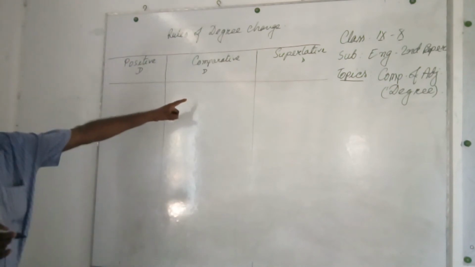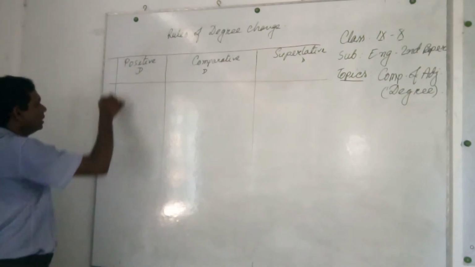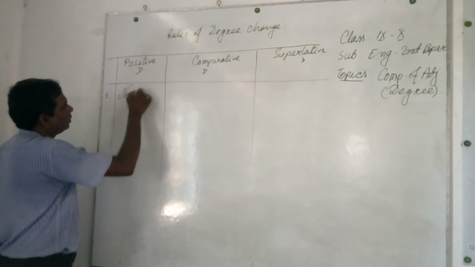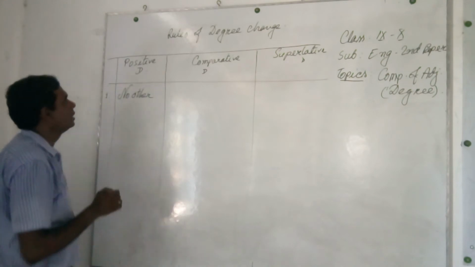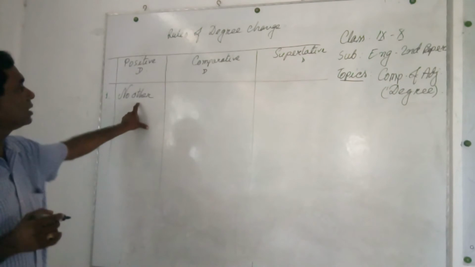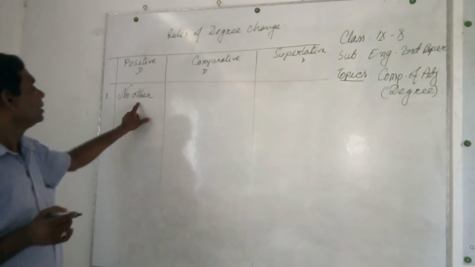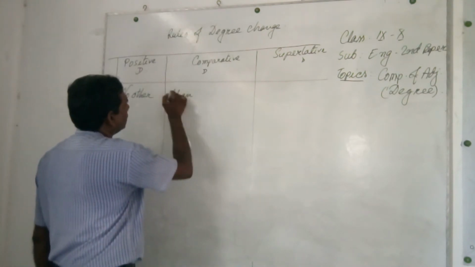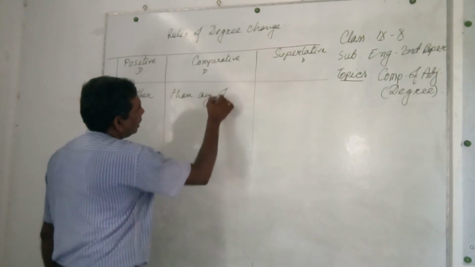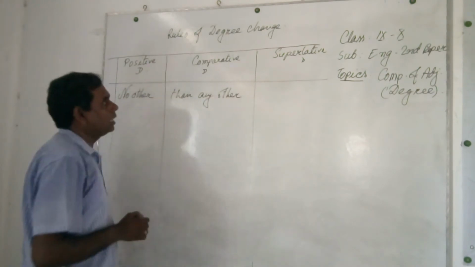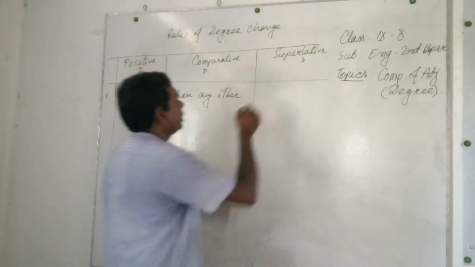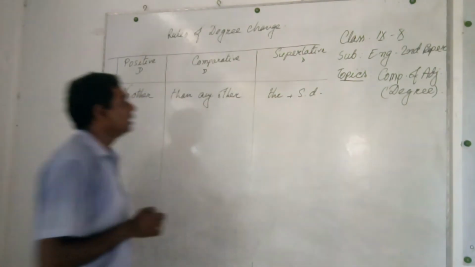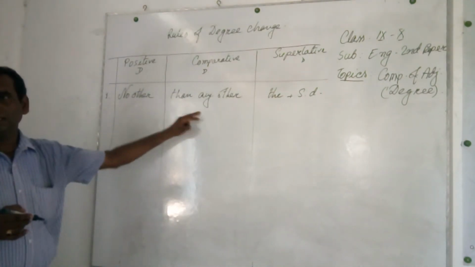Number 1: if the positive degree begins with no other, we can use in the comparative degree than any other. And then in the superlative degree, we can use the plus superlative degree. I will explain this next time.